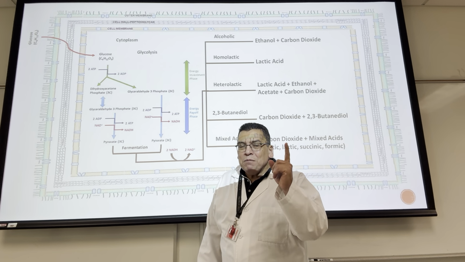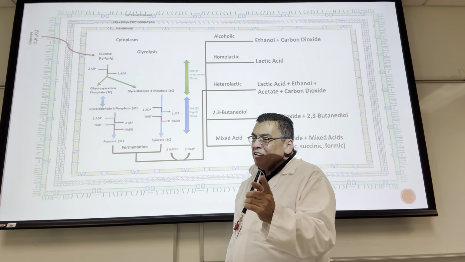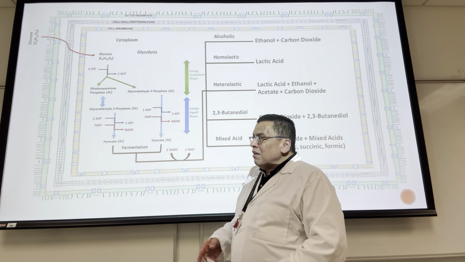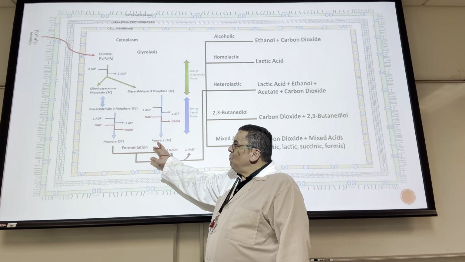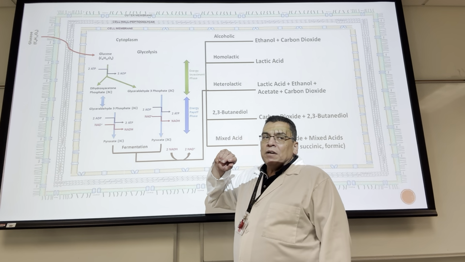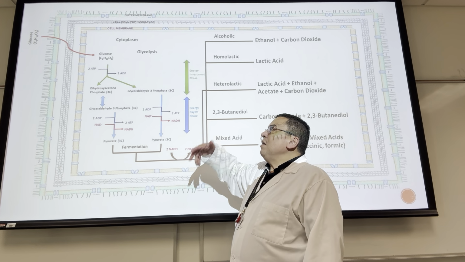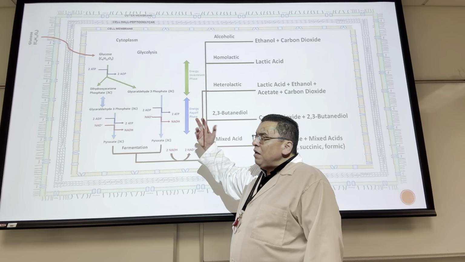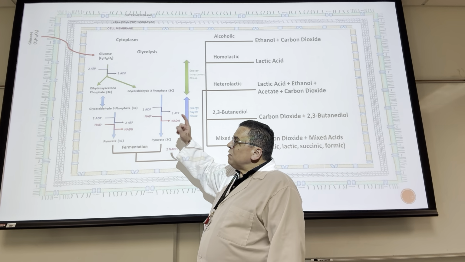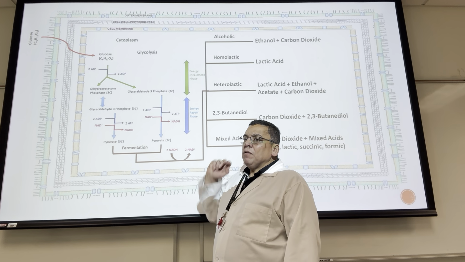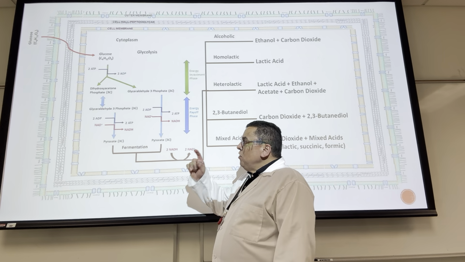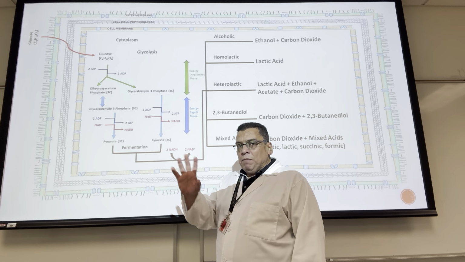I need your attention because if you don't listen to it, you're going to be confused. There's another reason why I have to get rid of pyruvate, besides the fact, and they both have to do with keeping glycolysis moving. To keep glycolysis moving, two things have to happen. You have to get rid of the pyruvate. We talked about that already.